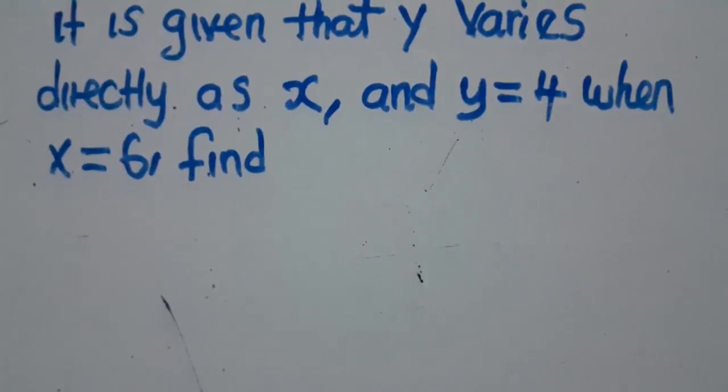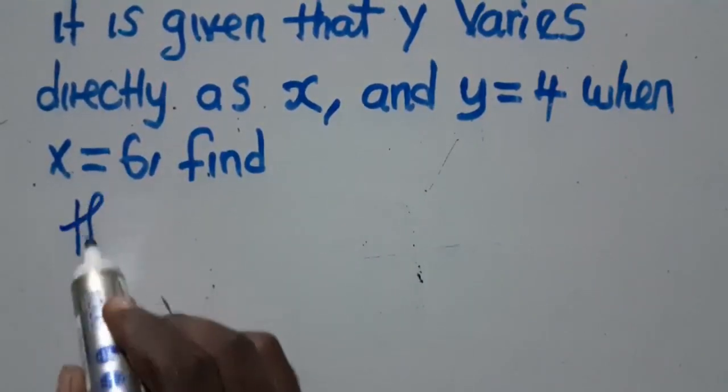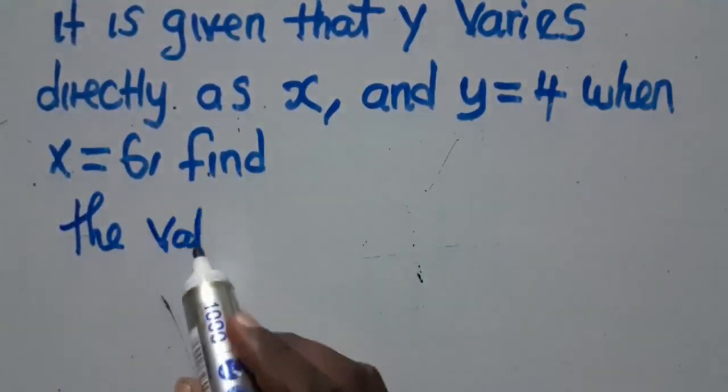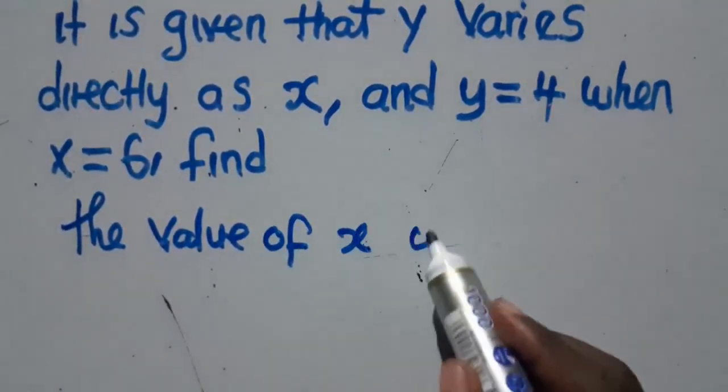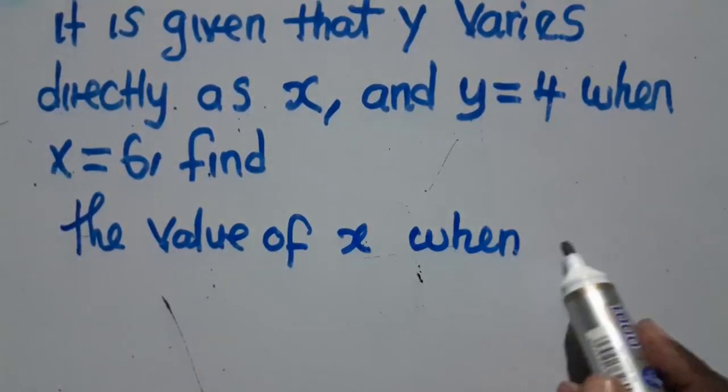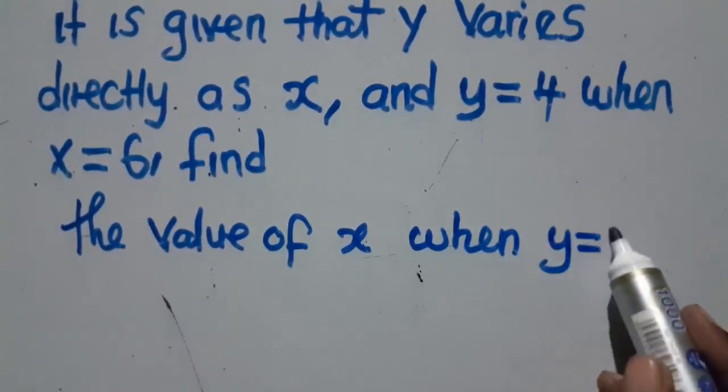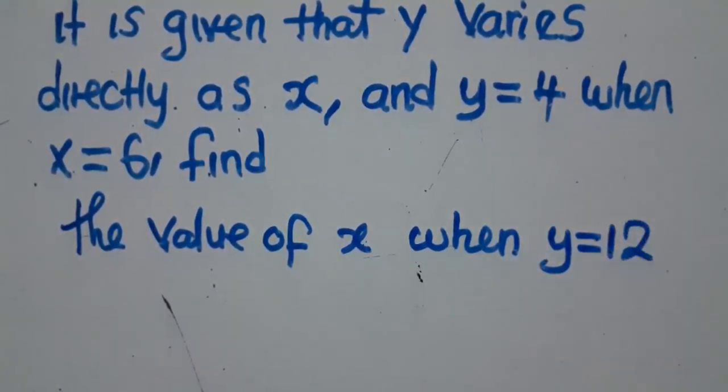The third question is saying, find the value of x when y is equal to 12. The equation, don't forget, is y is equal to 2 over 3 times x.